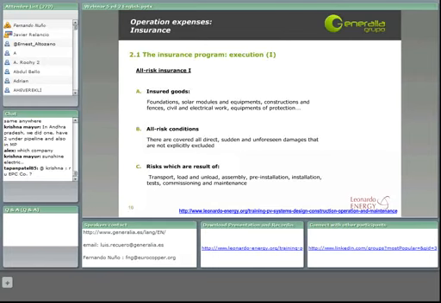The main elements to cover with the insurance are the foundations, all the equipment in the solar plant, talking particularly about the modules and the inverters, all the constructions and fences, all the civil and electrical works, and the equipment of protection that protect our devices in the plant.